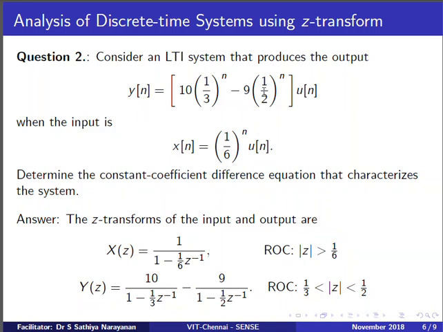In the case of two terms, the constants are written here, 1 minus 1 by 3 z inverse minus 9 divided by 1 minus 1 by 2 z inverse. The region of convergence is that the magnitude of z lies between 1 by 2 and 1 by 3. So given x of n and y of n, the first step is to find X of z and Y of z using the standard z transform pair.